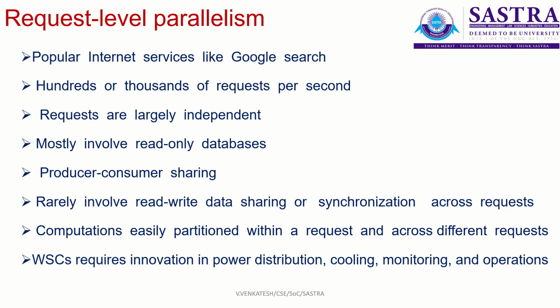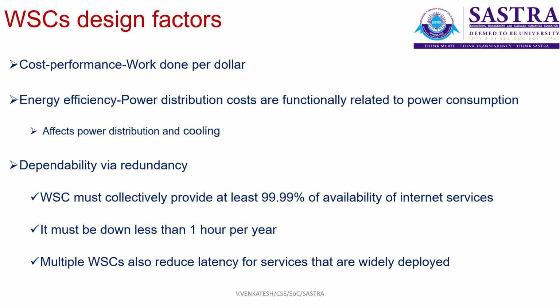If you want request level parallelism along with the warehouse, some innovation is required. We have to concentrate on power distribution, cooling and monitoring, and we have several individual operations. What are the design factors for a warehouse scale computer? The first one is cost. How much work can be completed within one single dollar?